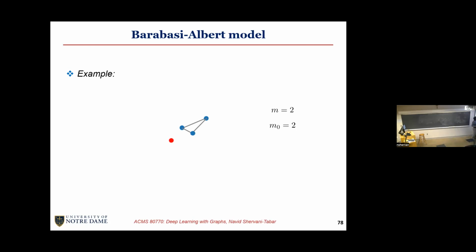In the next iteration, I add a new node. This is going to randomly select two of these. All of them have the same degree, so there's the same probability, and it selects these two. Now, this time, if I add a node, I have two nodes that have higher degree. These two nodes have degree 2. So if I add a new node, with higher chance it's going to get connected to these two rather than these two.